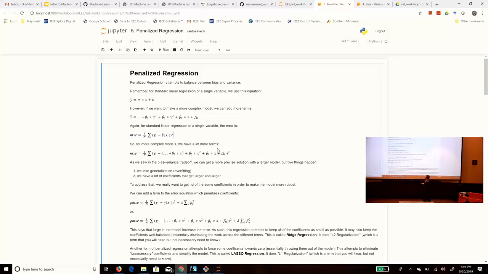What happens if my betas get really, really big? My error goes way, way up, right? That's bad. And in fact, it does it to the power of 2, which means I'm going to be dominated by those weight values way more than even the difference between actual and predicted. So that's a really important factor.